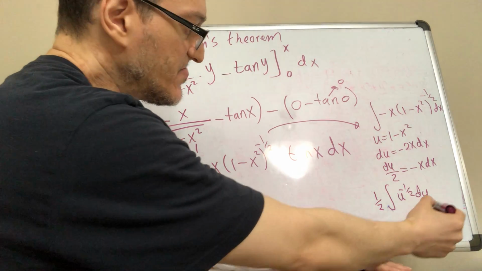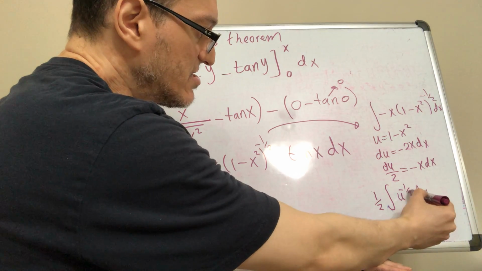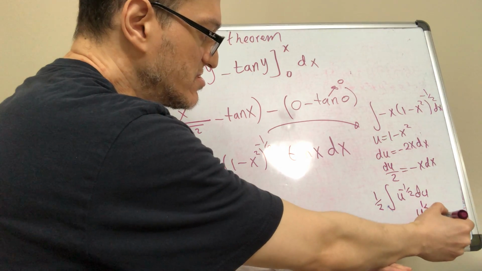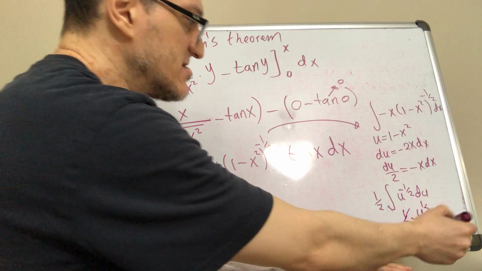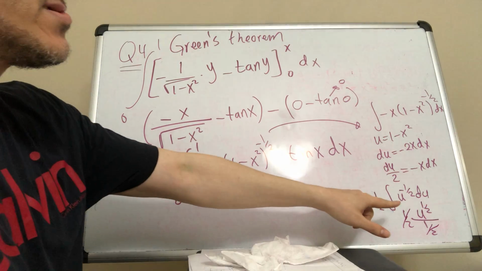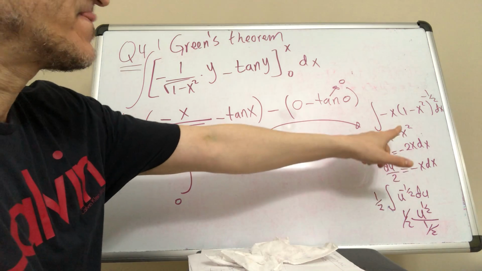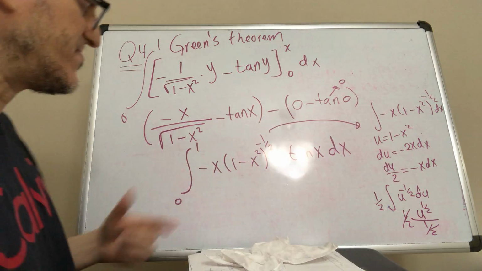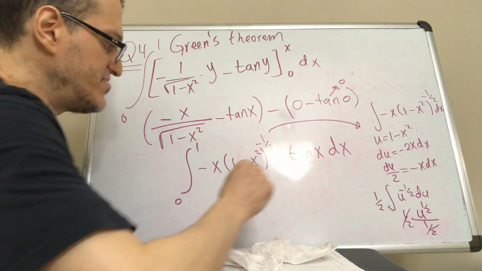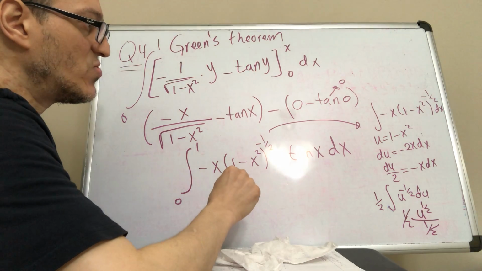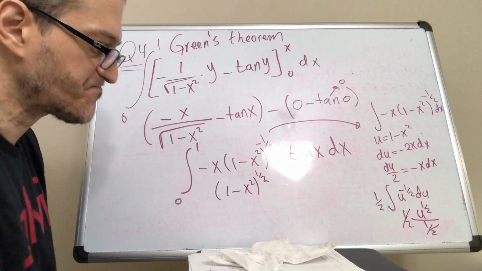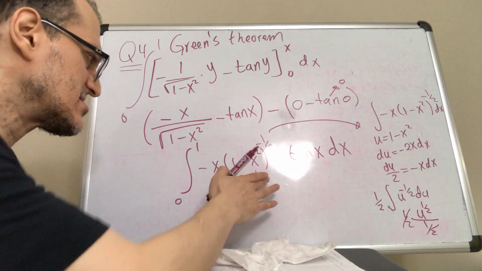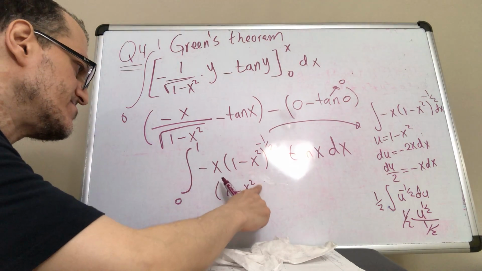The integral of this, you add 1 to the exponent, you divide by the exponent, cancel, cancel. So the answer is u to the half, which is this to the half. So the answer would be 1 minus x squared to the half, which is basically just a square root.